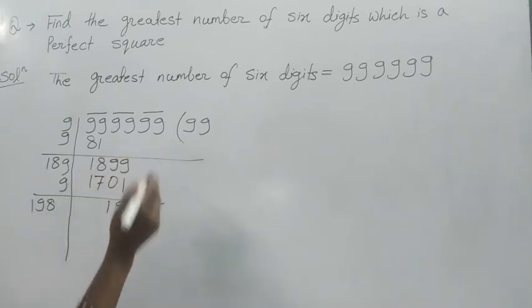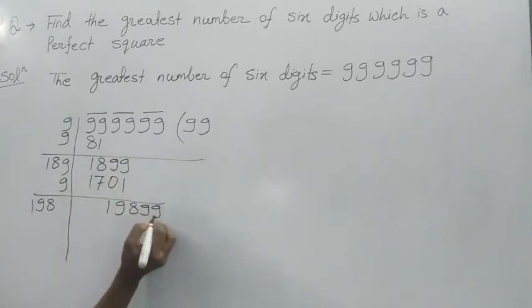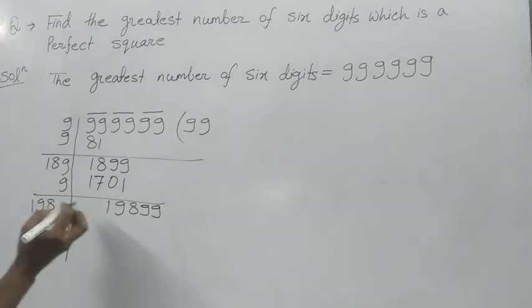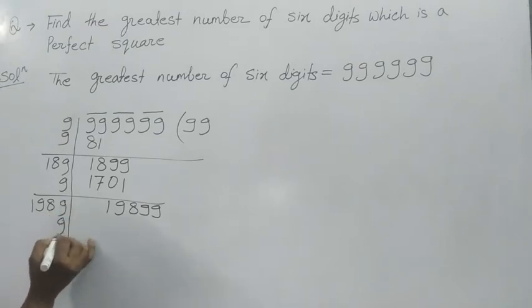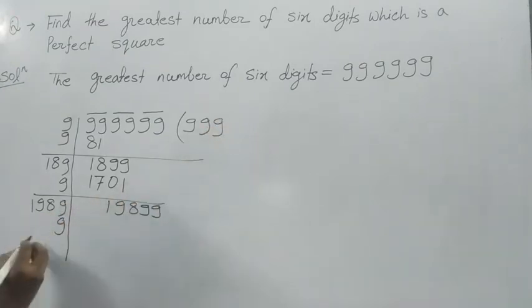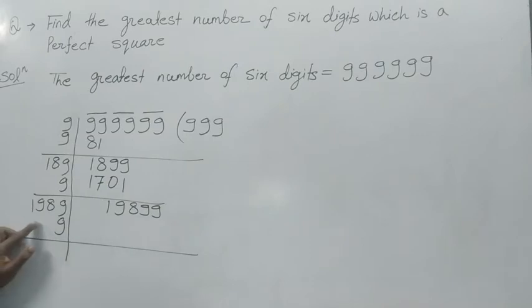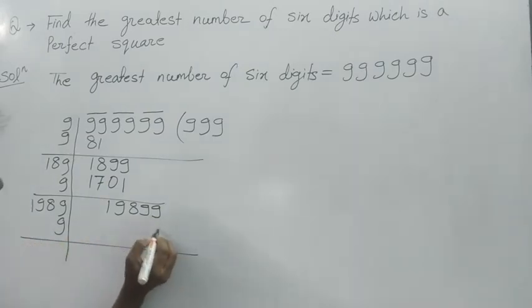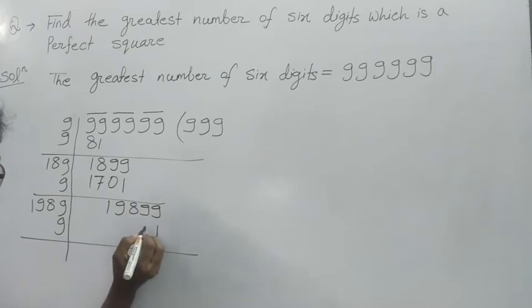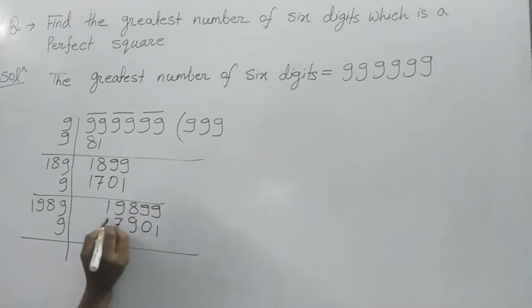Now add here. Now again write down the next pair, 99, here and again use some digit. So again we use 9 and write 9 here. Now multiply them. So what we get is 17901.